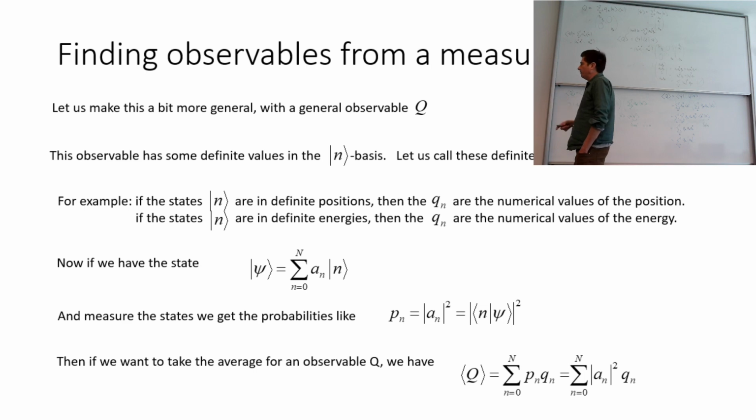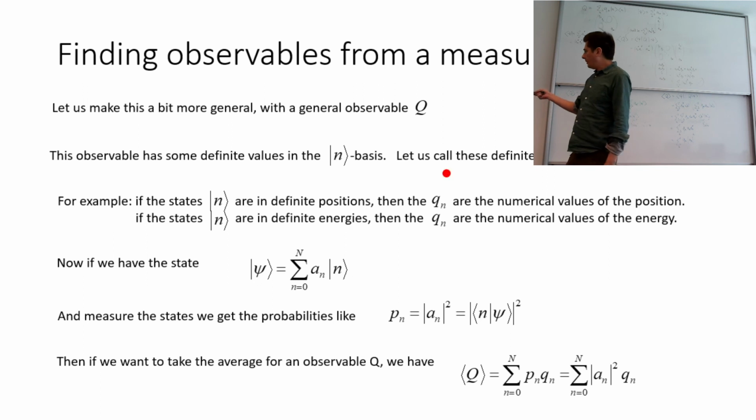In that case, the observable would be position, and the states would be states which are in definite positions. So state number 1 would be in a definite position, like 1 meter from here. And then these Q's, the little Q's, are the values that you associate with it.